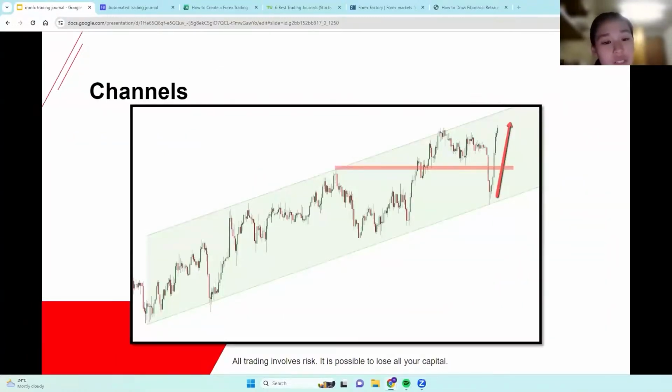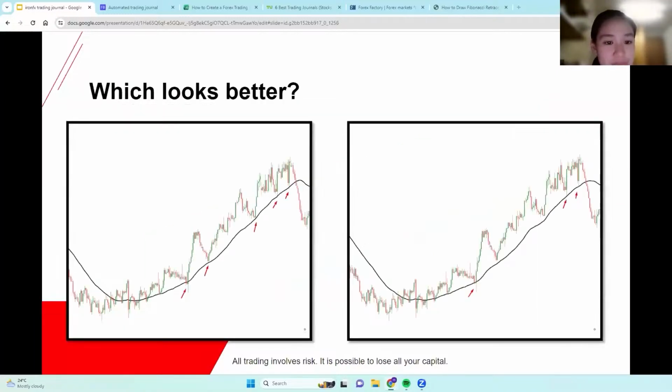Okay, channels as well. You can see when price hits the sides of the channel, that's typically a sign that price is reversing off of the channel.